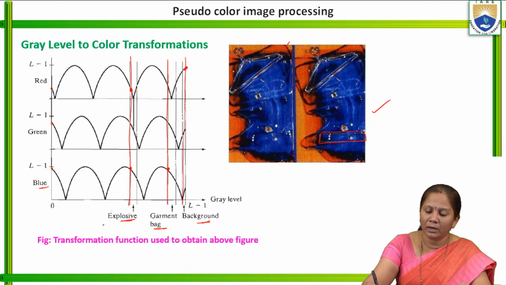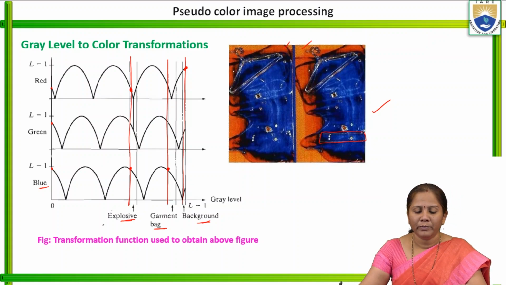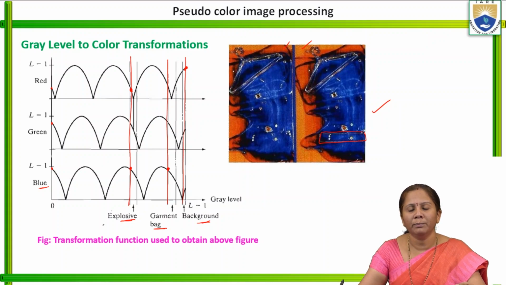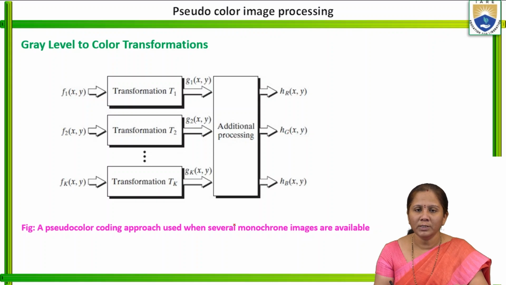That's why the background is dominated with red color. So like this, different transformations can be applied. The block diagram we have seen converts one grayscale image to other colors by applying transformations.